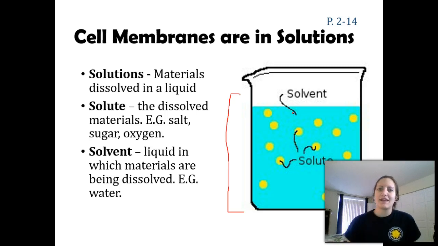Know that other things can be solvents, but we're going to use water for this course. So again, this whole beaker would be the solution. It's the total. The solute is whatever particles are being dissolved, whether it be a gas, solid, or liquid. And then the solvent is always going to be a liquid. And in this class, we're going to talk a lot about water.